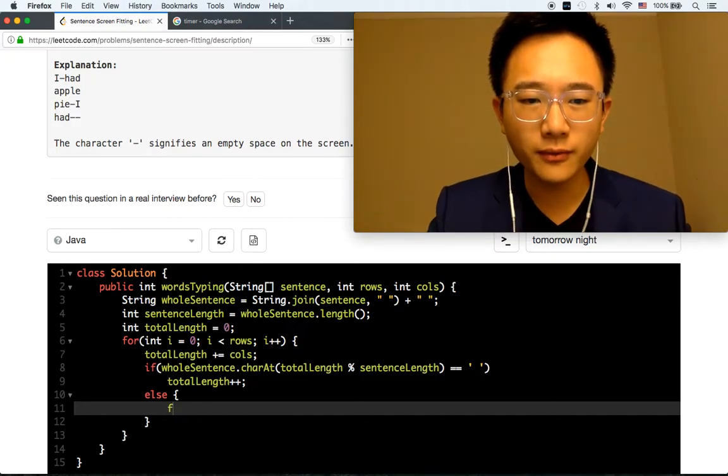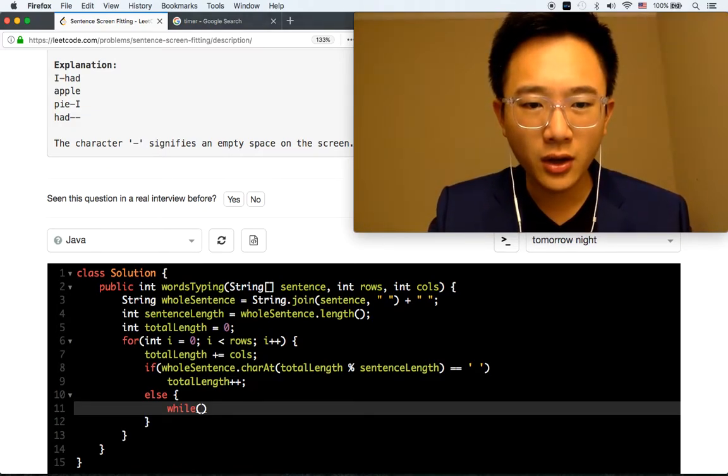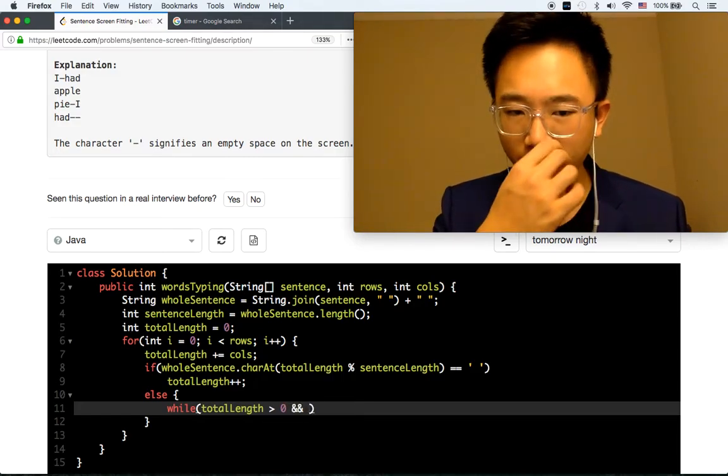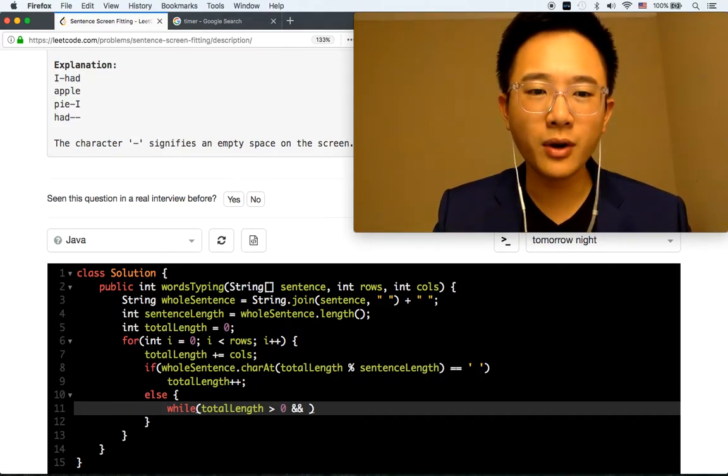So else, while the total length is larger than 0, we're going to subtract it.